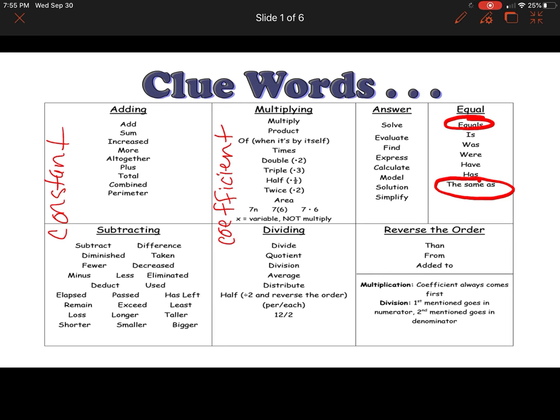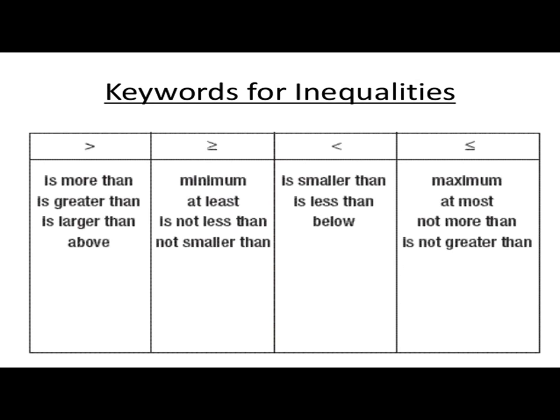All right. We will also be using our keywords for inequalities. So this is the greater than right here. And this one is the greater than or equal to. And then less than.